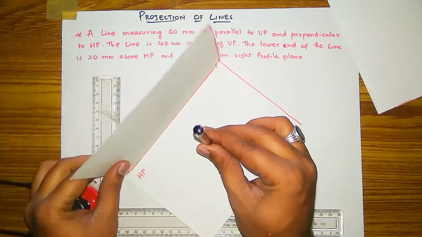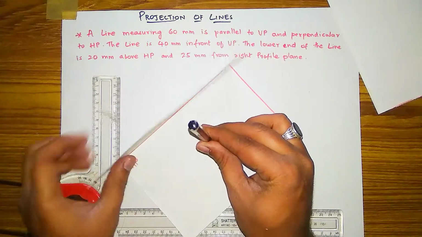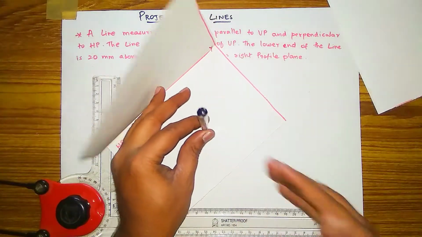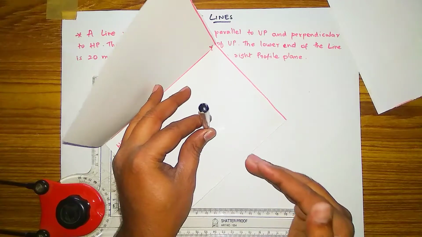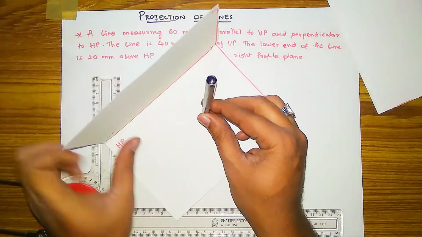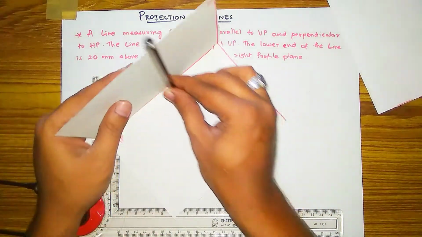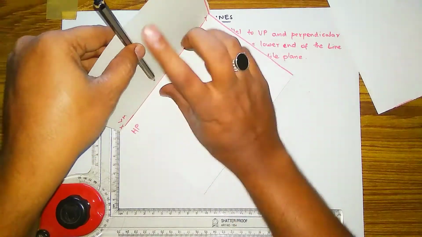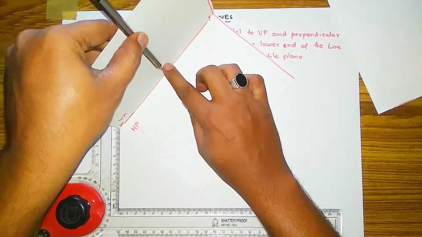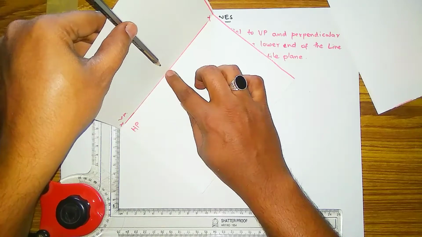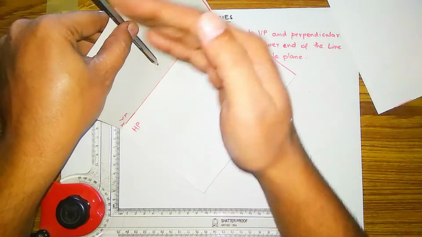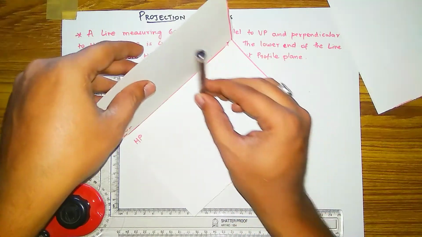After keeping this pencil here, you have to see it from the front view. On the VP you will have a perpendicular line of 60 mm length, with 20 mm height.